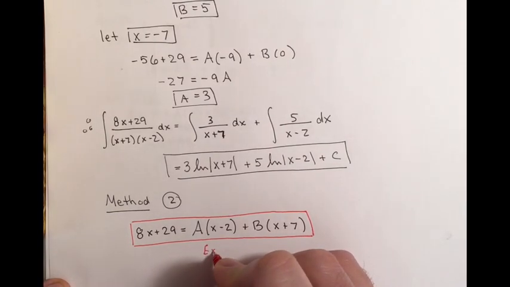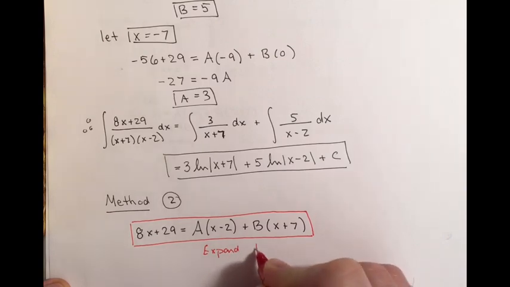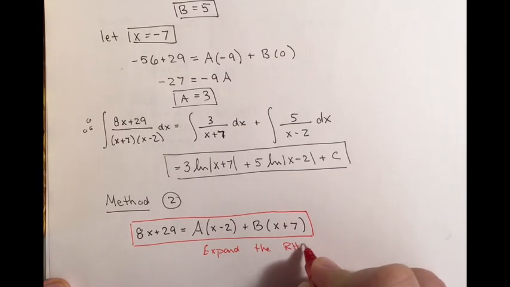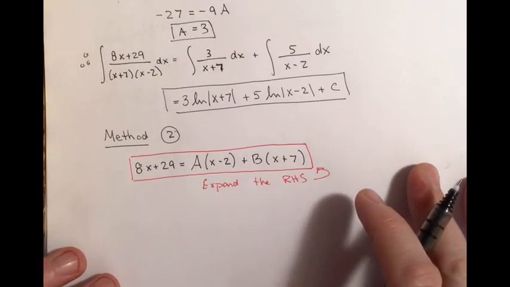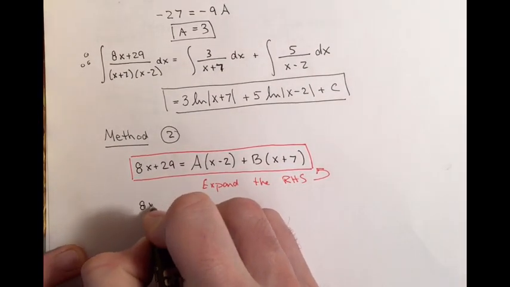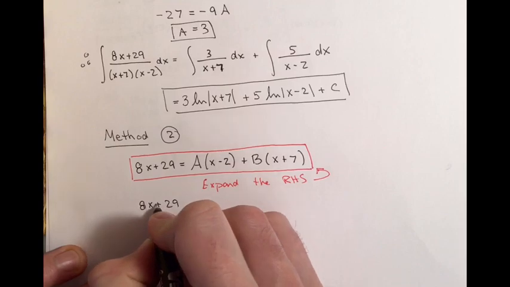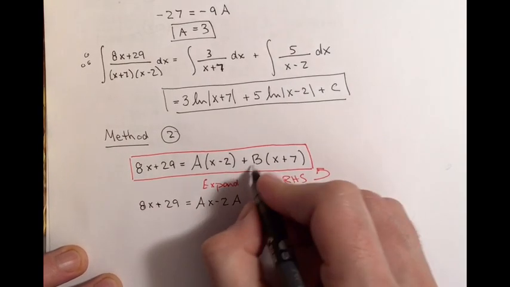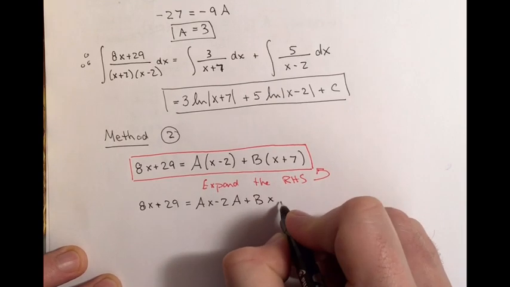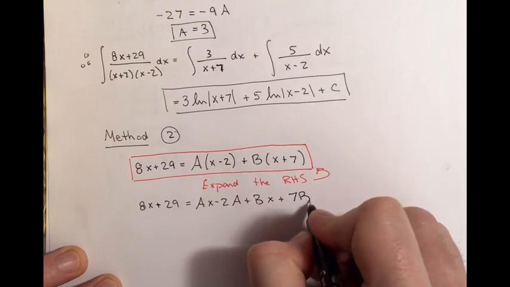So here, expand the right-hand side of this equation, and we end up with 8x plus 29 is equal to a times x minus 2 times a plus b times x plus 7b.